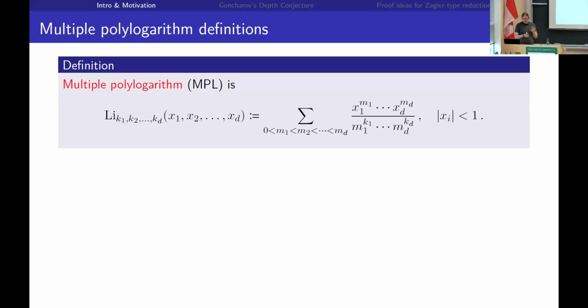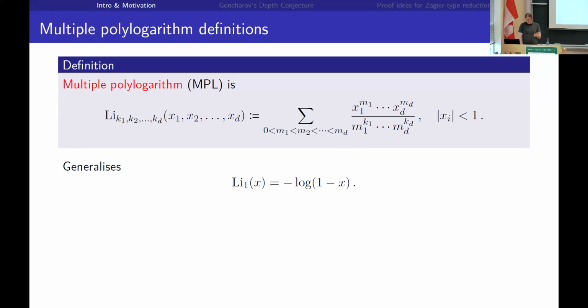It looks kind of like the summand you put in, say, the Riemann zeta function, or maybe the Taylor series for log 1 minus x. The idea is that these are a generalization to many variables and to some notion of highness of the logarithm function, the one we all know and love.